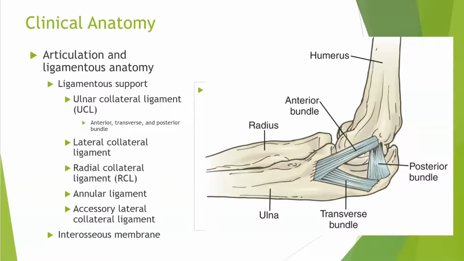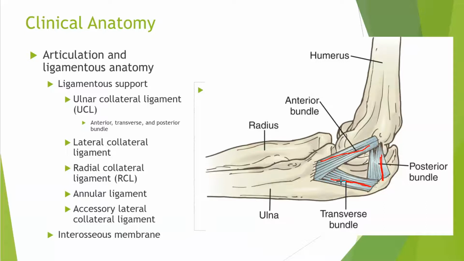And then those three ligaments right there actually are probably what you have heard or known called the UCL, ulnar collateral ligament. But what's important for you guys to note is there's actually three different bundles, okay? There is the anterior bundle right here, a posterior bundle, and then a transverse bundle, okay?